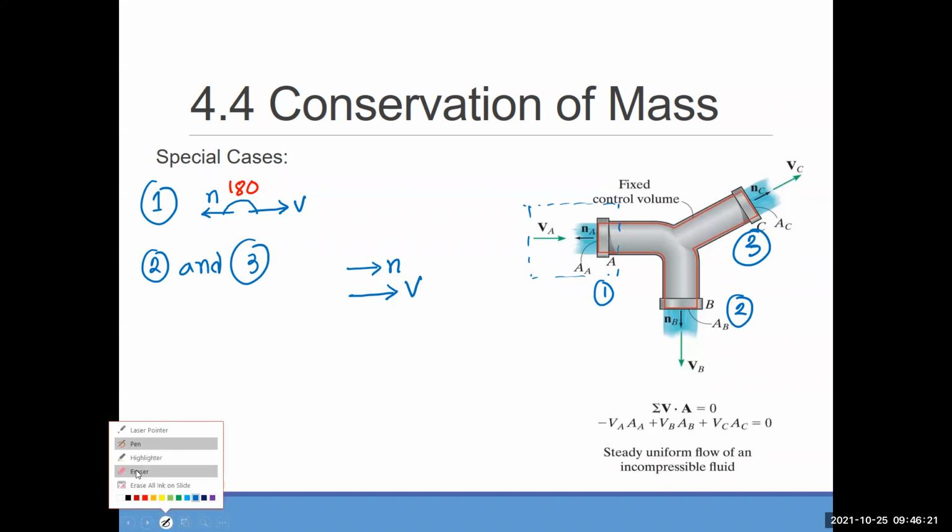Is there any angle between V and N this time? So this is 0 degree. Okay. So that will help me with the previous equation we wrote here.